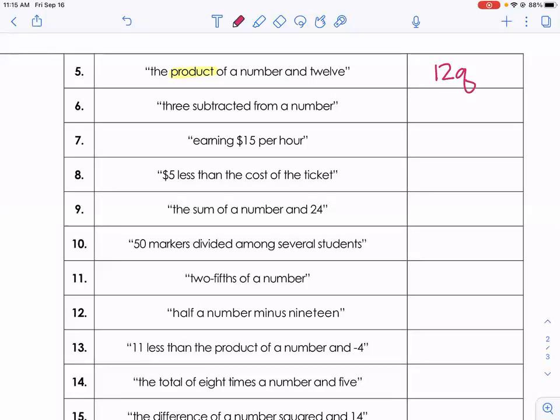Okay. So first of all, Braxton, and number 6, what word is popping out at you? Number 6. Subtracted. Subtracted from. It says 3 subtracted from a number. So we're subtracting, but do we write the 3 first or do we write the 3 second?